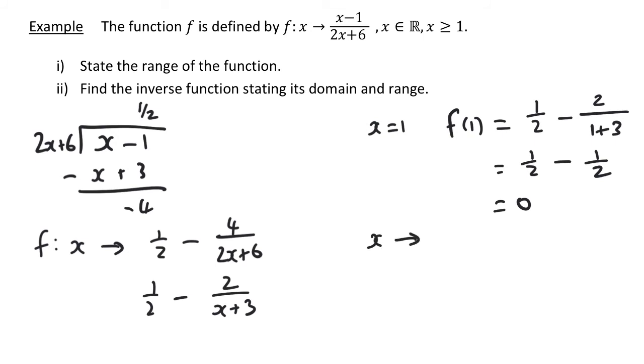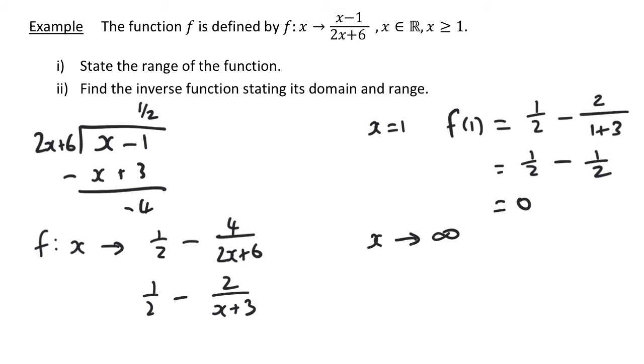As x gets bigger to infinity, we're okay with every other value. It's going to work. We can multiply all of these numbers from 1 up to infinity by 2, and we can add 6, and we can correctly divide that into 4. So that's okay. So let's investigate what happens as x gets bigger.